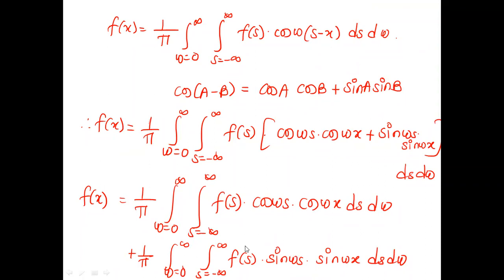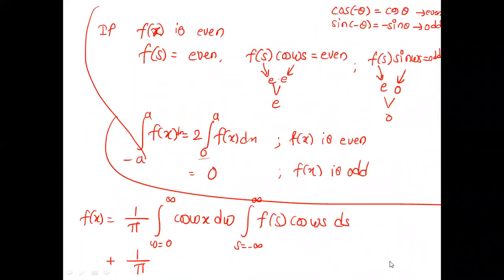And these two are the function of s, so they will be inside. So it is integration omega from 0 to infinity sine omega x d omega, and integration minus infinity to infinity f of s into sine omega s ds.